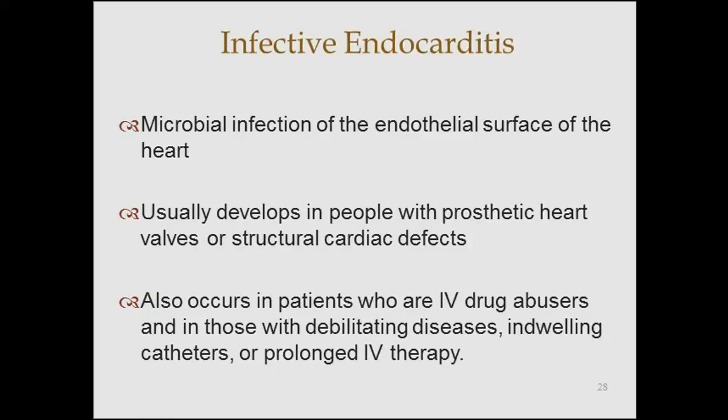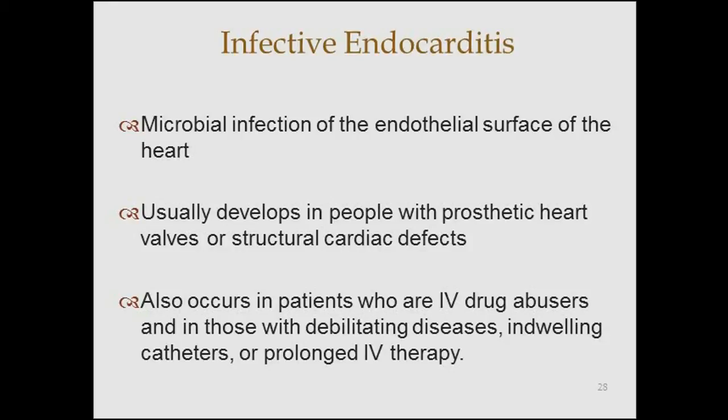Infective endocarditis is another type of infectious endocarditis that's, again, a bacteria that just kind of lodges in the inner layer of the heart. Typically you see this infective endocarditis in prosthetic valves, and then people who have structural defects of the heart itself.